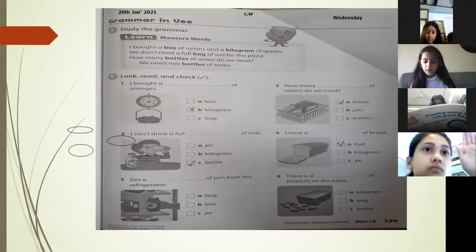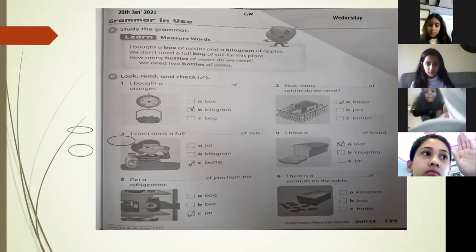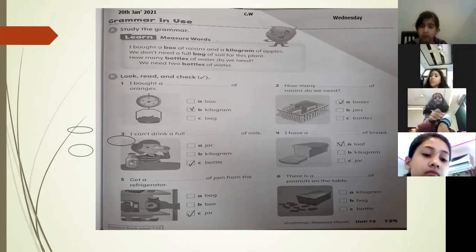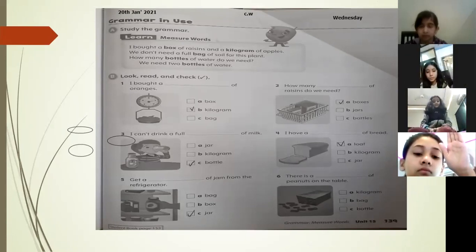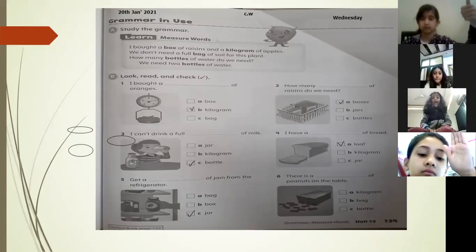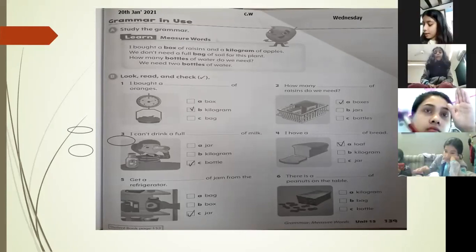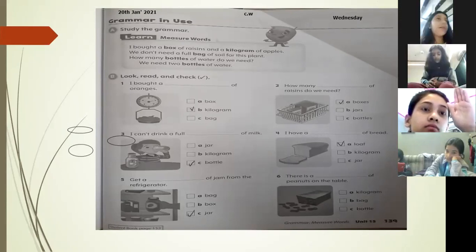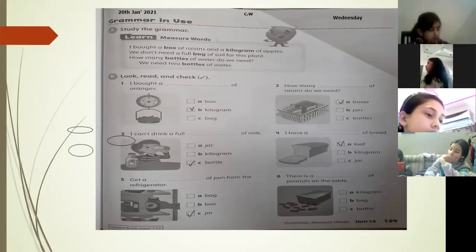Jar. Yes. There is a dash of peanuts on the table. Kilogram, bag, or bottle? Yes, Soleha? A bag of peanuts. Yes, a bag of peanuts.